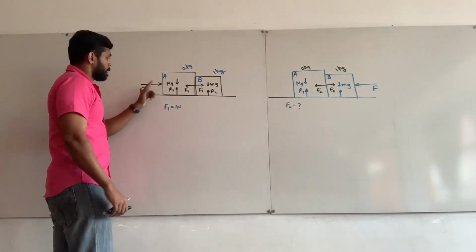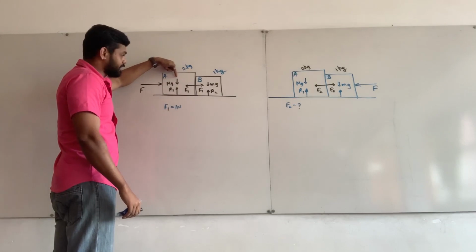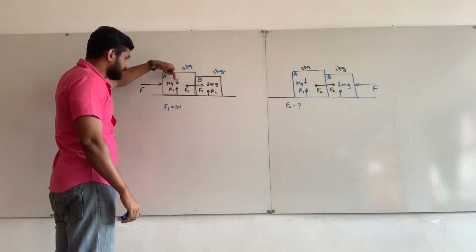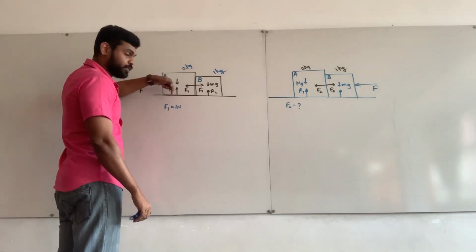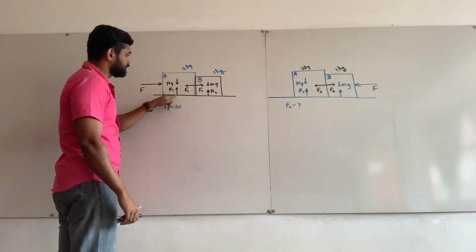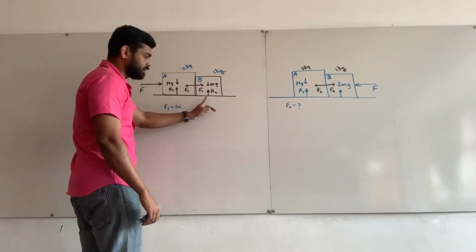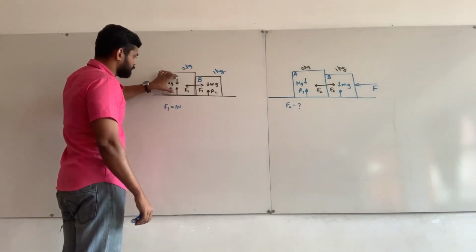When it is in a gravitational field, there should definitely be a weight, the gravitational force, and the reaction from the surface. So it is R. Here also mg and R2, equal and opposite forces.